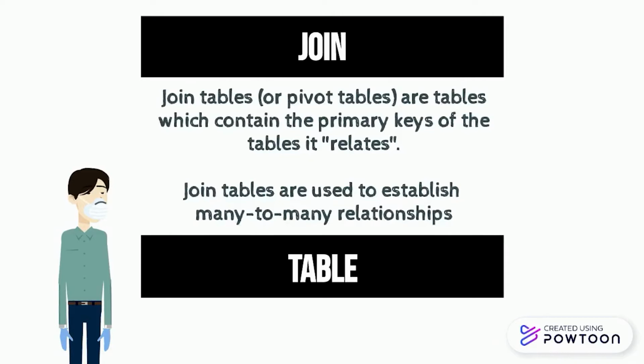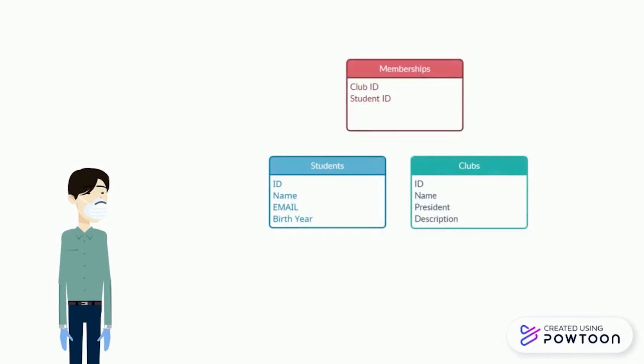Join tables are used to establish many-to-many relationships. Let's take a look at this example of tables. Our tables should now look like this.